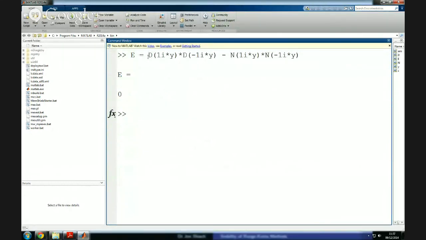In this case, it's quite simple, it just all cancels out to 0. Quite often, that's going to be a polynomial function, and it will return a polynomial function. It's up to you to determine whether that polynomial function is always greater than or equal to 0. But in this case, we got E equals 0.